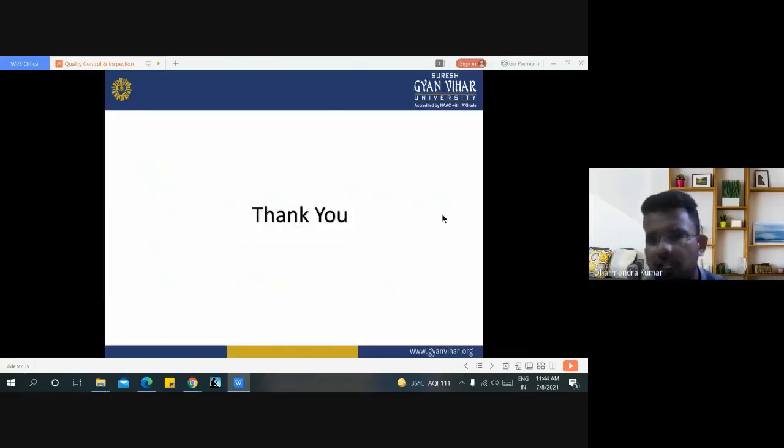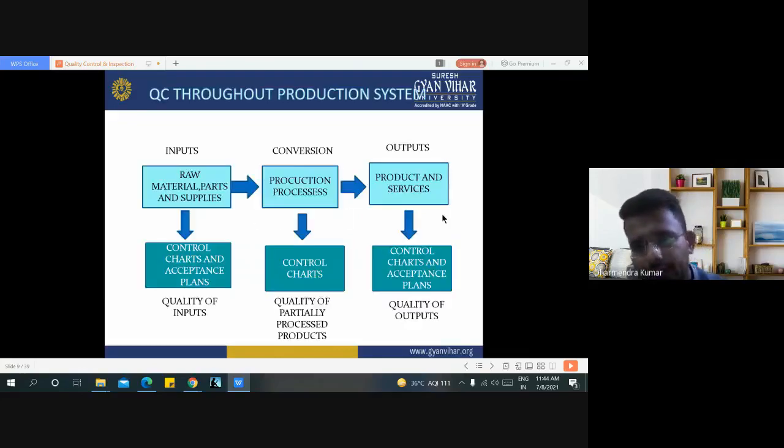For the final product and service, when we get it from the manufacturing plant or production unit, we check the quality of outputs. Here we also make a control chart and acceptance plans, to see how much deviation of quality of any product occurs when compared to our prescribed characteristics of that product.